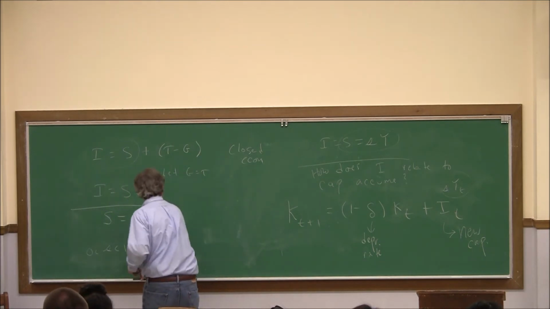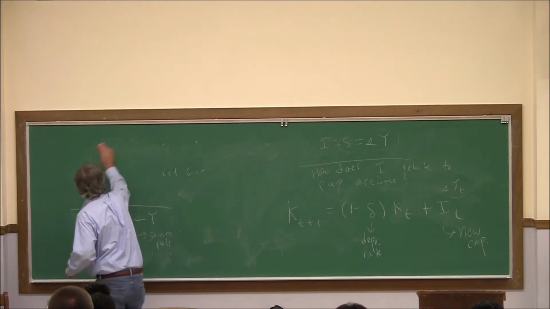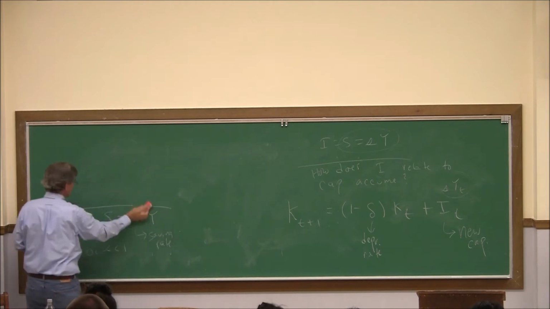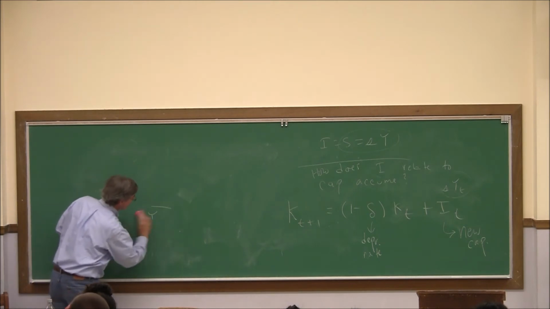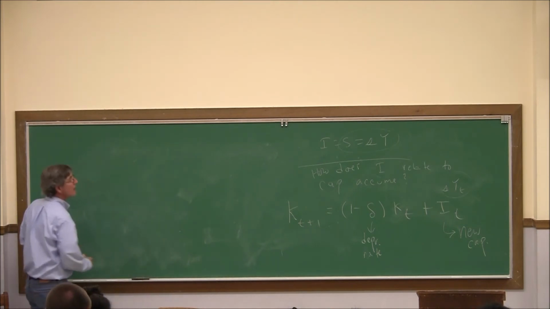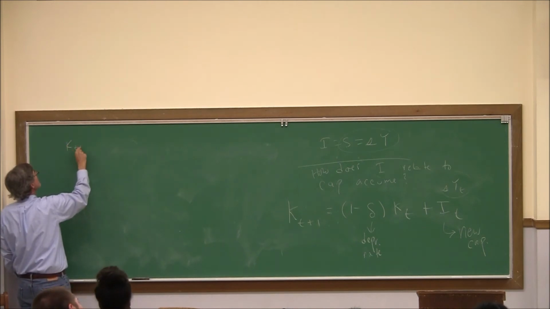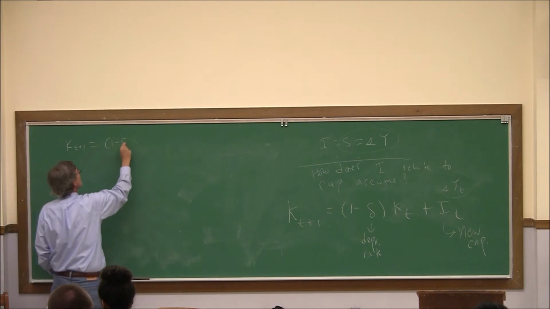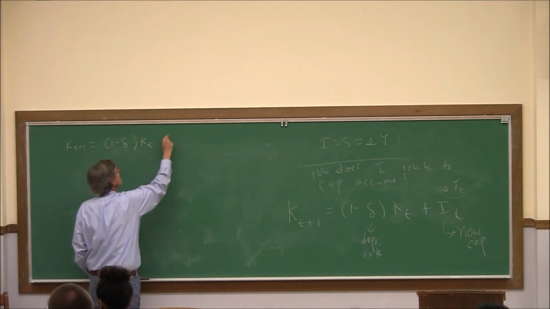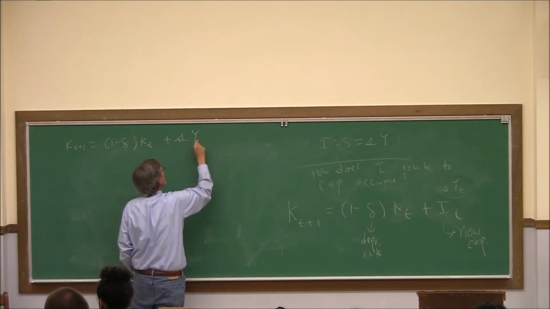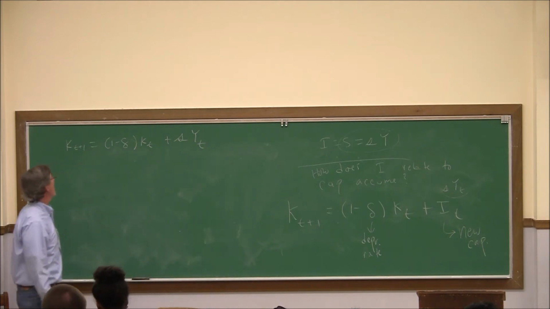So now we said, okay, we're actually doing it per worker, I guess, but in our model, it's the same. So we have K_{t+1} equals (1 minus delta) K_t plus S Y_t is our equation now.